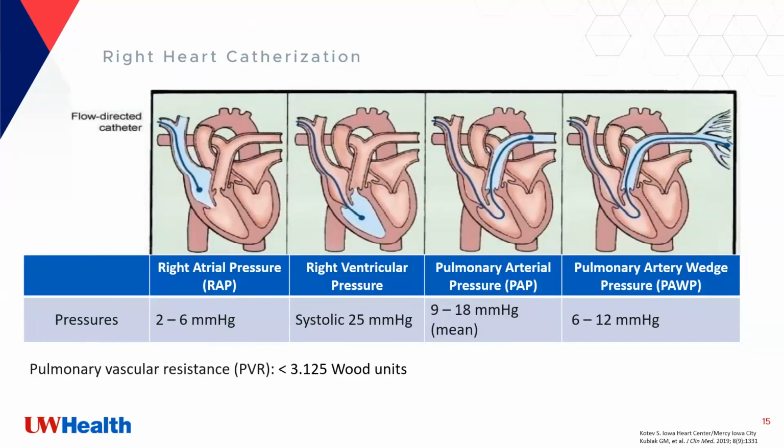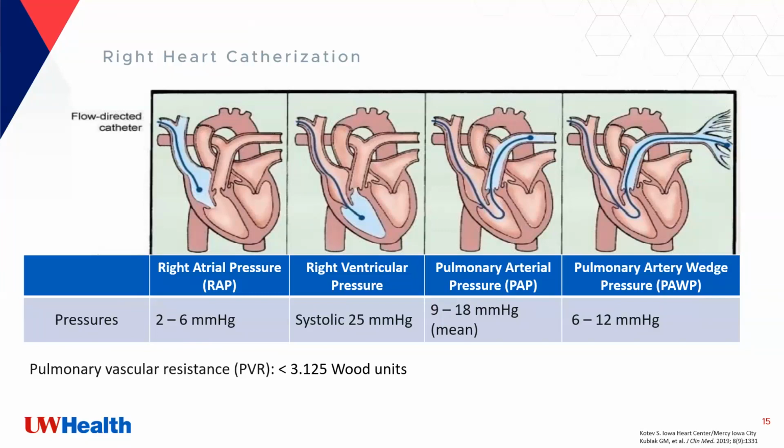So the probe is inserted into right atrium to check the pressure, then right ventricle, pulmonary artery pressure, as well as pulmonary artery wedge pressure. And we have some baseline pressures here. But one important thing to note from this image is that cardiopulmonary system is a low pressure system to make sure that heart doesn't have to work hard to do its job in the circulation when it comes to exchanging oxygen.